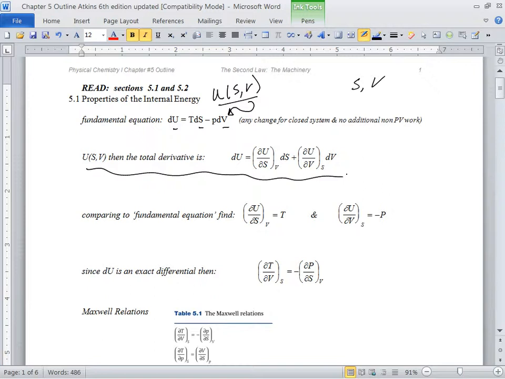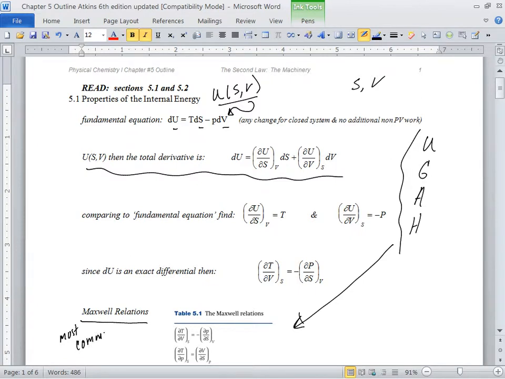You can play this game with any thermodynamic function: internal energy, Gibbs energy, Helmholtz, enthalpy. You pretty much just take the order of derivatives, which really doesn't matter with these thermodynamic variables, and then you can end up getting some Maxwell relations. And these are just the most common ones, and that's why they're here.